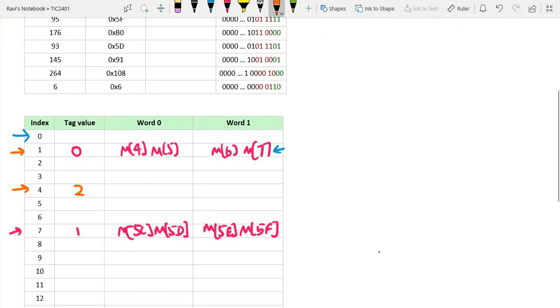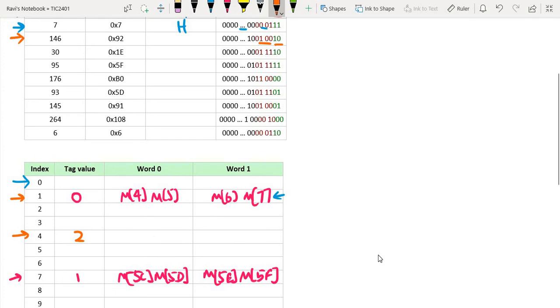So what I need to do is put memory location 92 here, okay, followed by 93, okay, and then memory 91 here, and then memory location 90 over here. Okay, so that is how I populate this particular cache line.